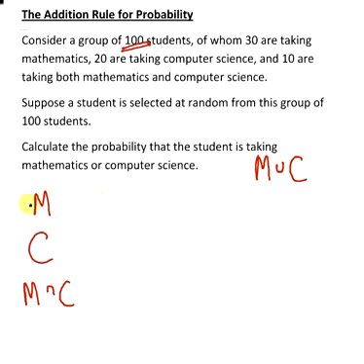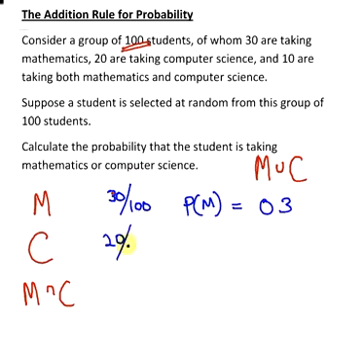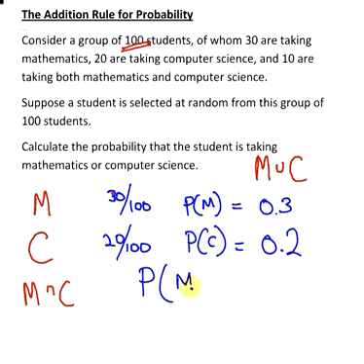First off, let's compute the probability of M, C and M intersection C. Well, let's start off. We have 30 students out of 100. So the probability of M equals simply 0.3, 20 students out of 100, and the probability of C is therefore 0.2, and probability of M intersection C equals 0.1.